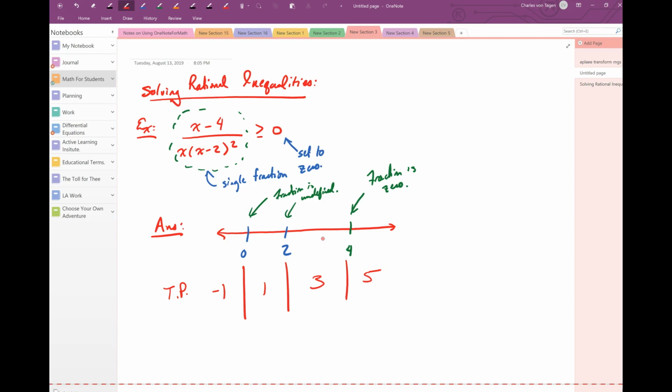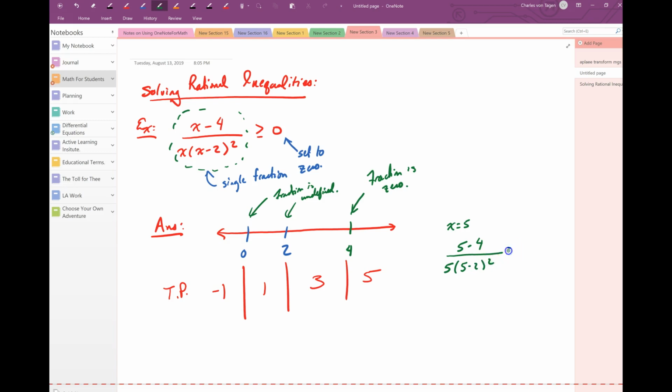So now what am I going to do? I'm going to plug each one of these into the fraction and look at the sign of the fraction. So, for instance, if I let x equal 5, we would have 5 minus 4 all over 5 times 5 minus 2 squared.